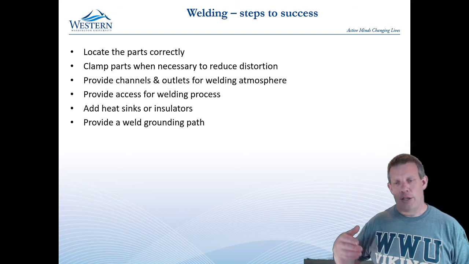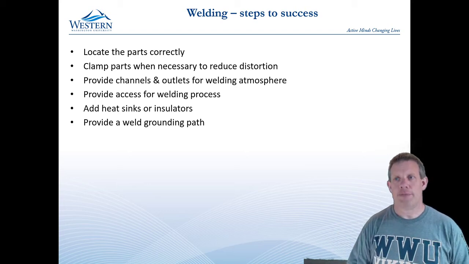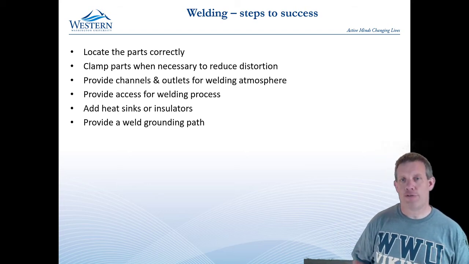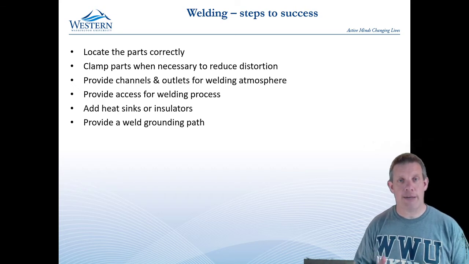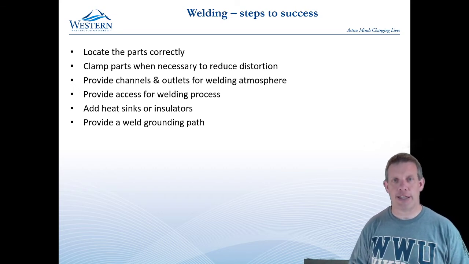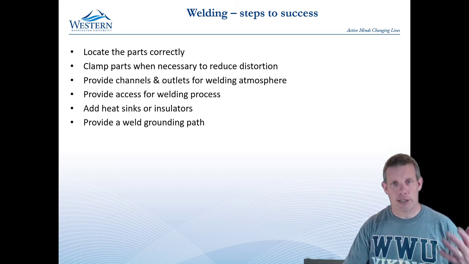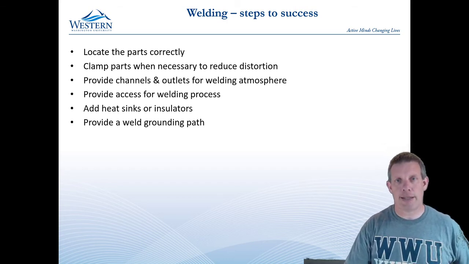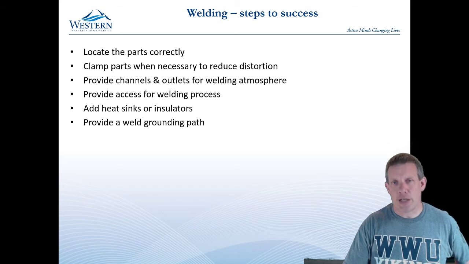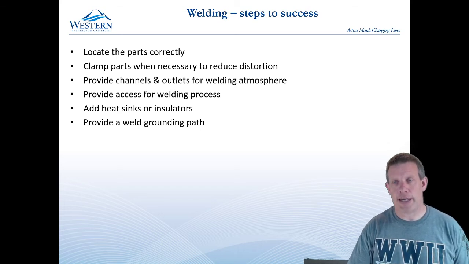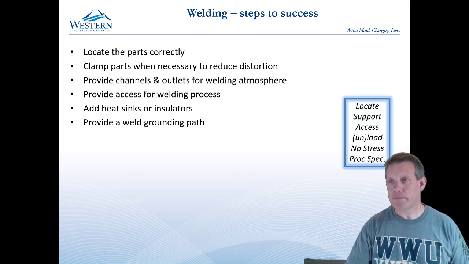We need the welder to be able to access it, and we may have to get heat out or keep heat in, as I said. So either insulators to keep heat in or conductors to get heat out, and then we have to have a grounding path because it requires a full circuit, and so there has to be a grounding path out of the fixture. That's often not that hard a requirement. Okay.